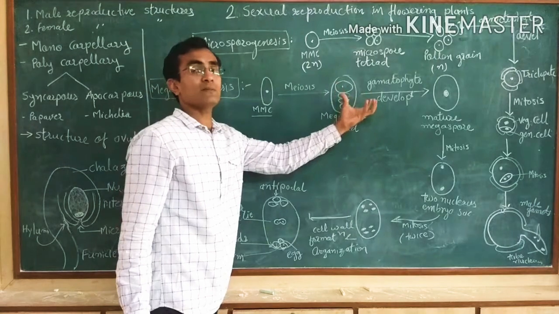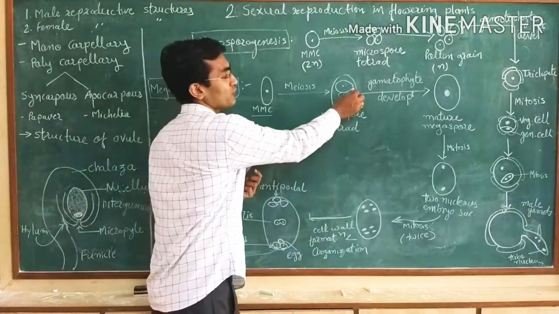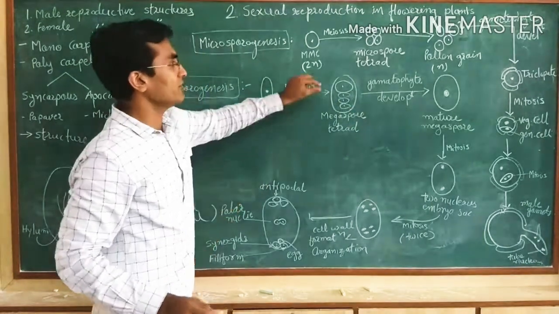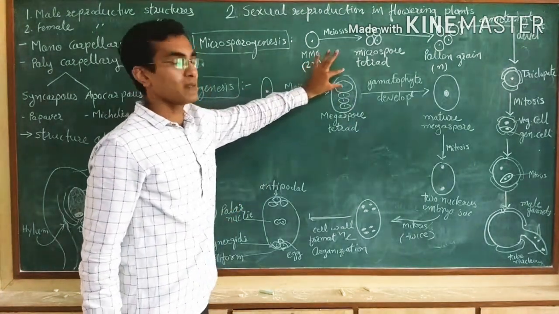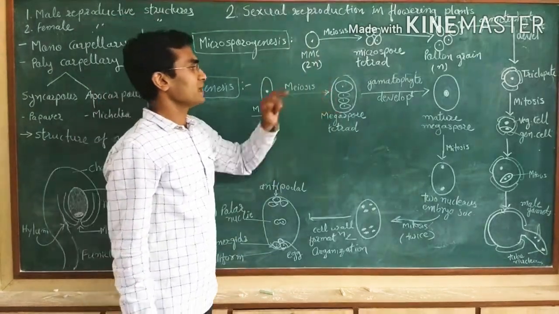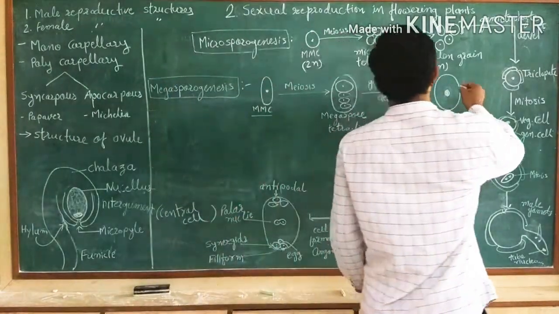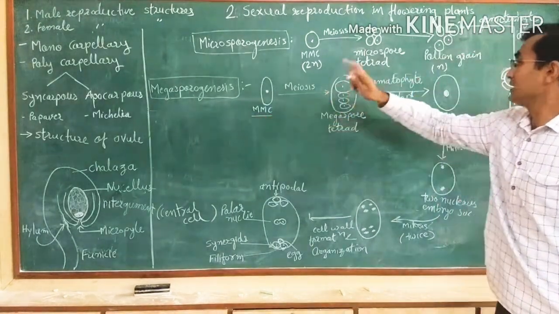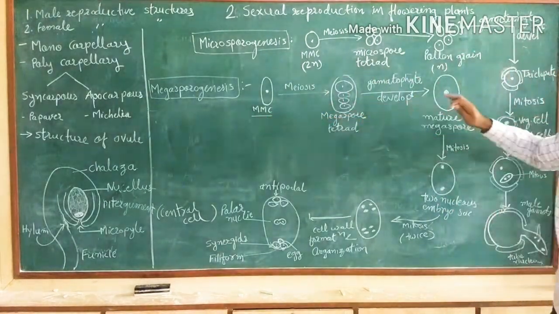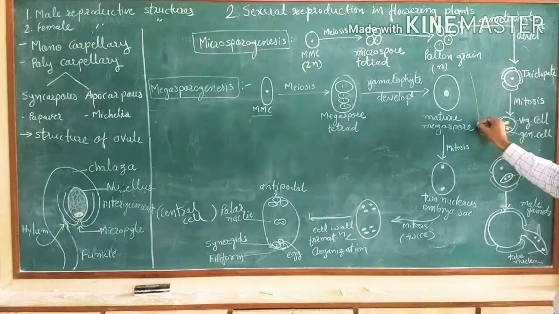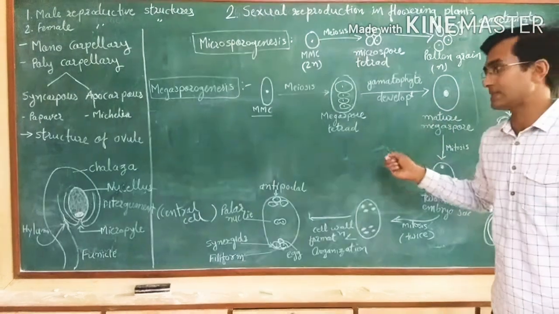Out of these 4 cells, 3 cells will degenerate. Only 1 cell will remain to form the gametophyte. This megaspore we have shown over here.